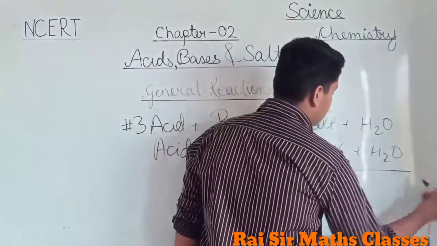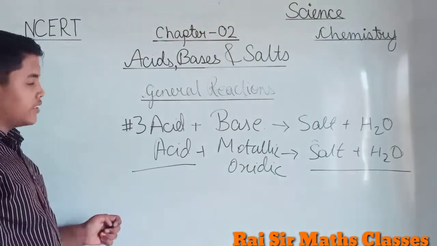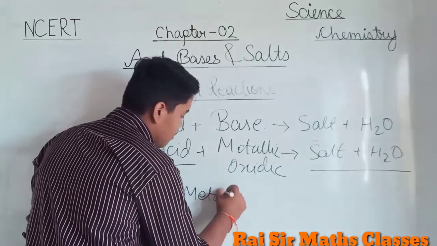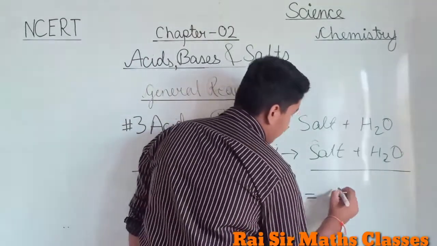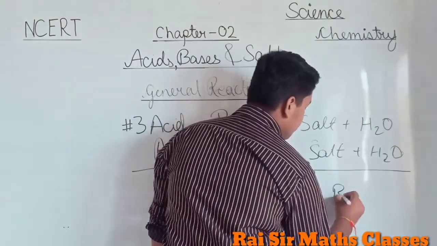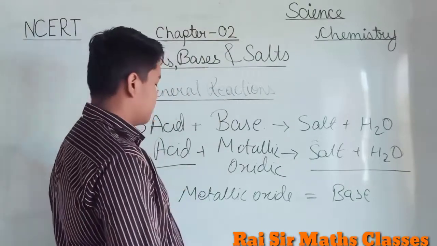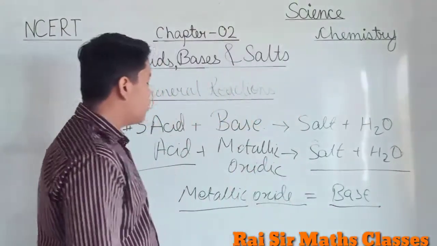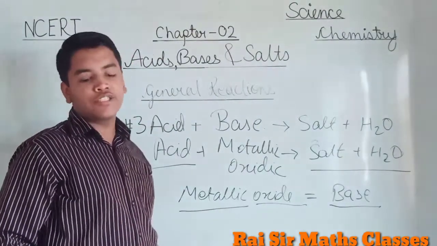These two things are the same, and the acid is the same as in the upper one. What changes is the metallic oxide, so you can say that the metallic oxide is a base, or basic in nature. From this reaction, you get that metallic oxide is basic in nature.